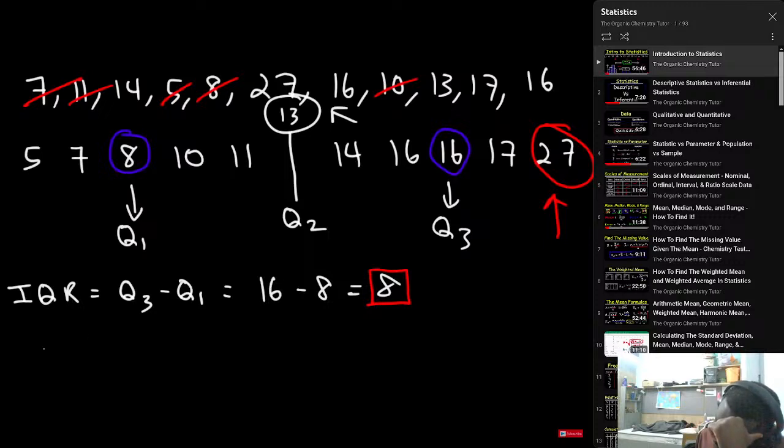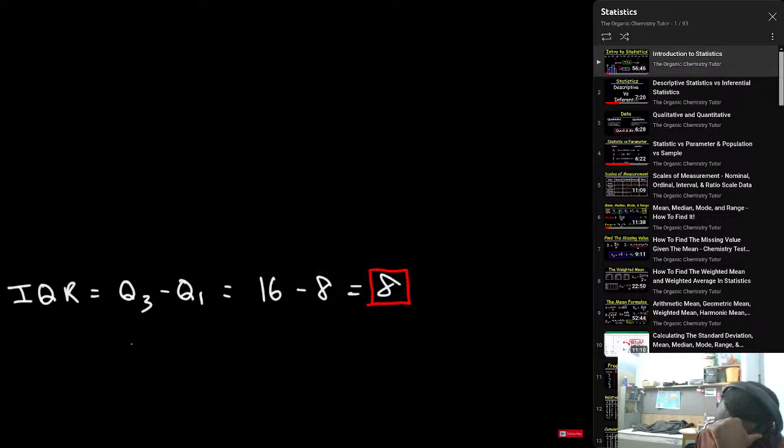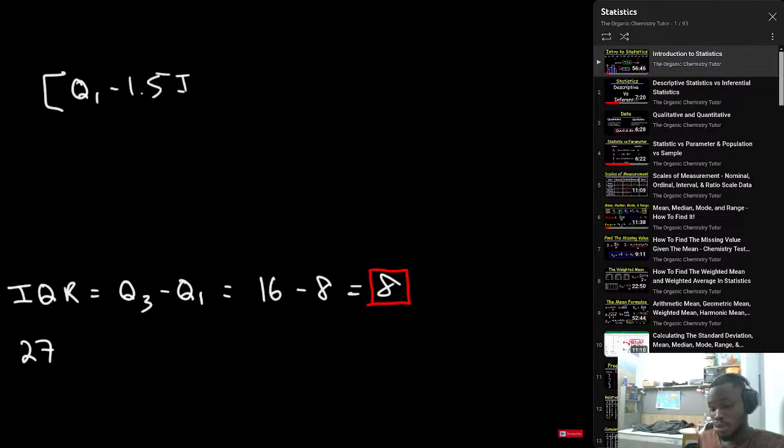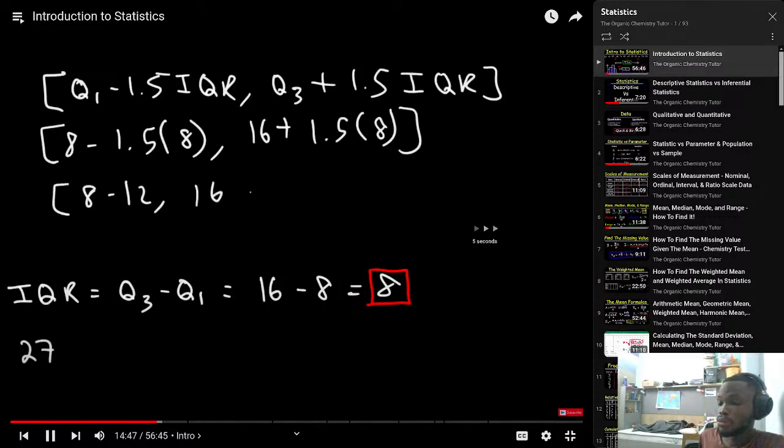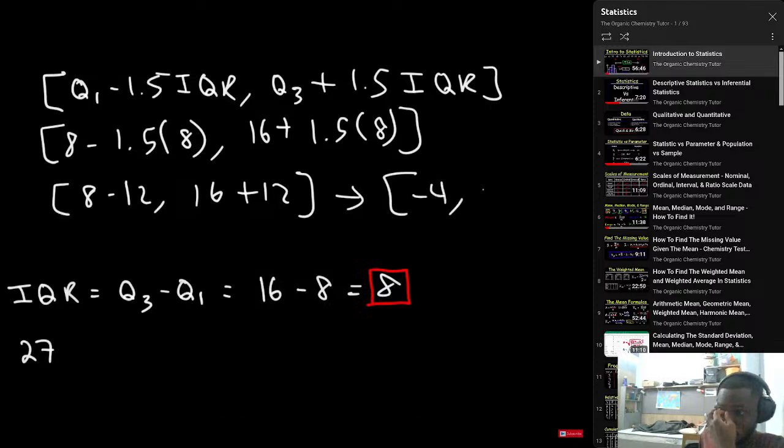So let's write down what we know. The presence of an outlier is based upon this range. It's Q1 minus 1.5 times the IQR, and Q3 plus 1.5 times the IQR. 8 minus 12 is negative 4, and 16 plus 12 is 28.